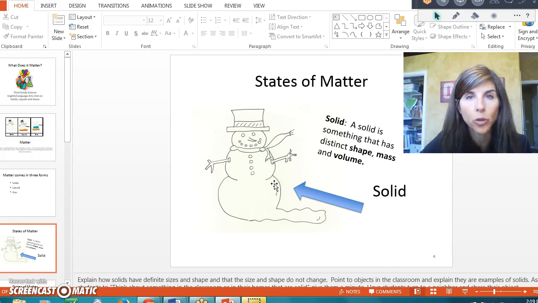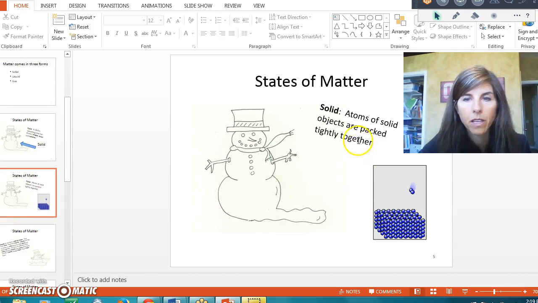Or if you think of a snowman, there are different shapes that snowmen come in, but they all have a distinct shape, mass, and volume. The atoms of solid objects are packed together tightly. Right here in this picture, these little balls are representations of atoms. See how close they are? It takes a lot to break those apart.